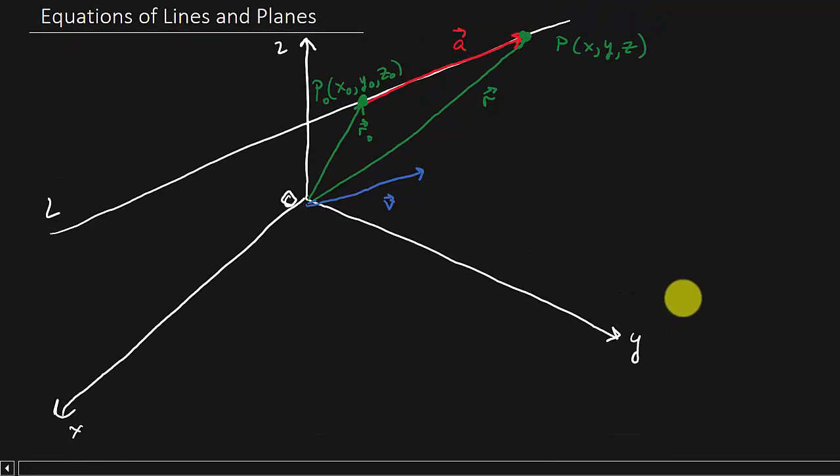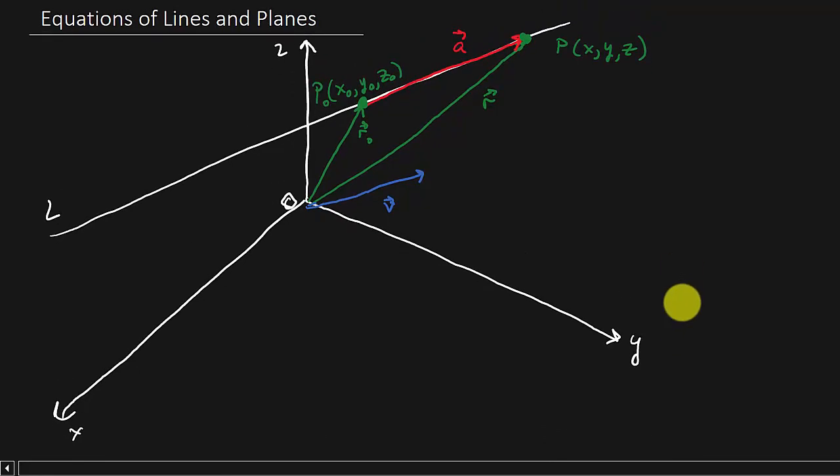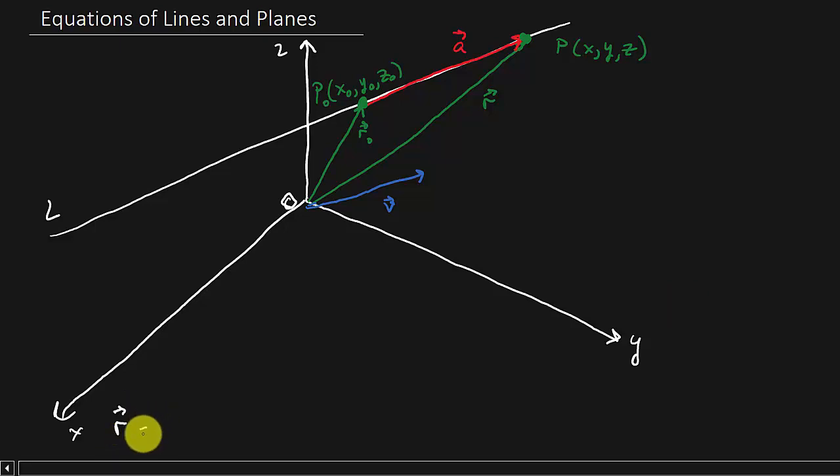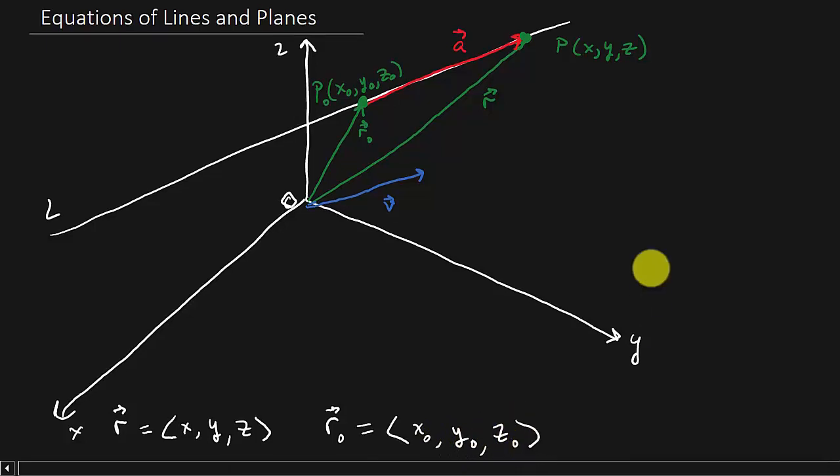All right, so if we look at this, we've got vector R. That's this vector here, the vector X, Y, Z. And we have vector R sub 0 is equal to the vector X0, Y0, Z0.